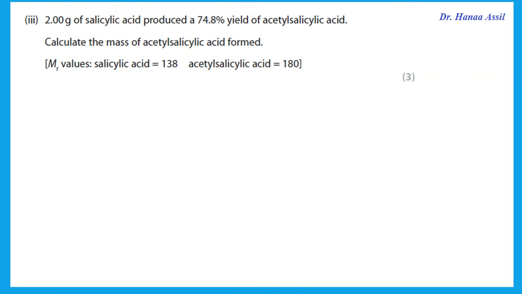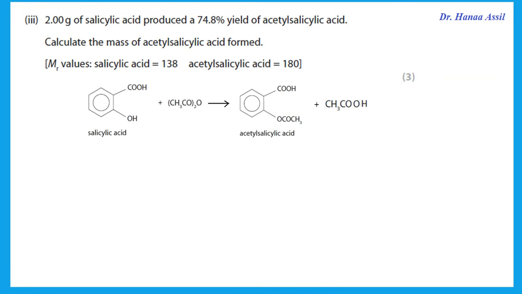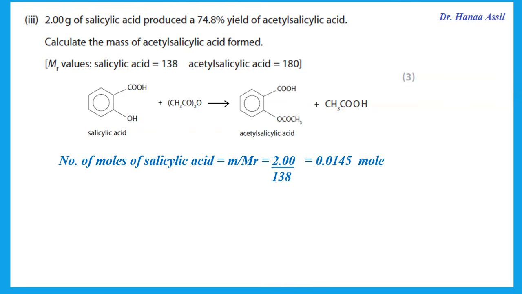2 grams of salicylic acid produced a 74.8% yield of the acid. Calculate the mass of acetylsalicylic acid formed. This was the equation. And we're told that we started with 2 grams of salicylic acid. So I have to determine the theoretical yield that I should get. Number of moles of salicylic acid is mass over molecular mass, which gives the number of moles we started with.